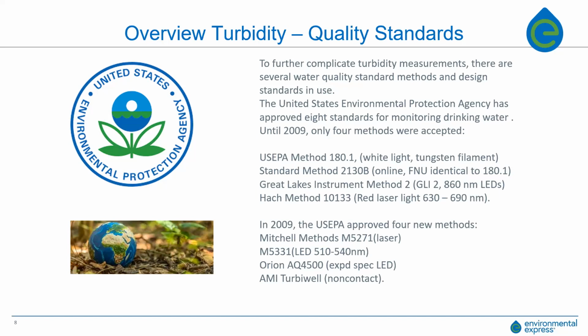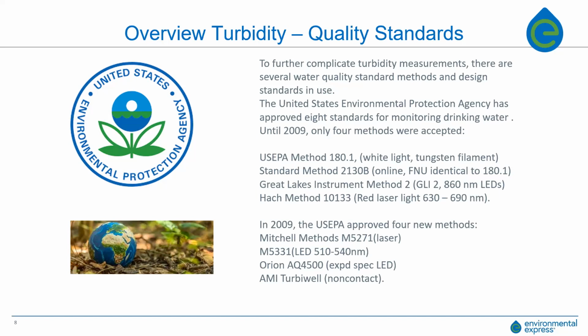Mitchell methods, M5271, which is also a laser method, M5331, which is an LED method in the 510 to 540 nanometer range. That's in the true white light range. The Orion AQ4500, this is an expanded spectrum LED application using both a white light LED and an infrared LED.